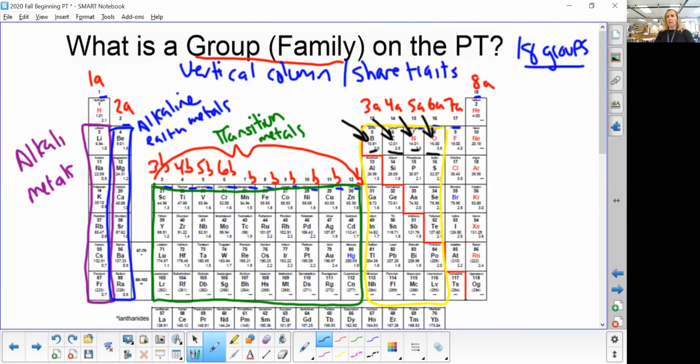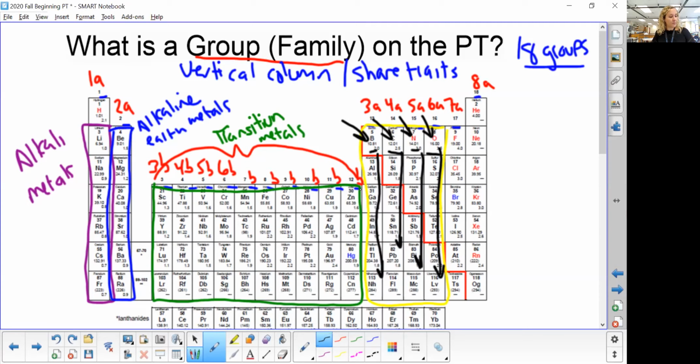They get named by the head of the family. And all of these elements, like boron down, they share more in common than any other group on the periodic table. So that's what I mean when I say they're called a group or a family, that area of the periodic table has more in common than other groups.